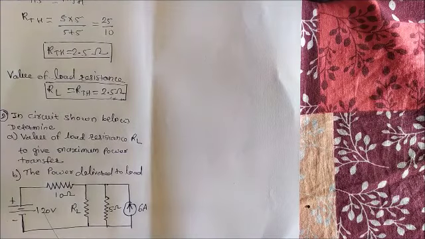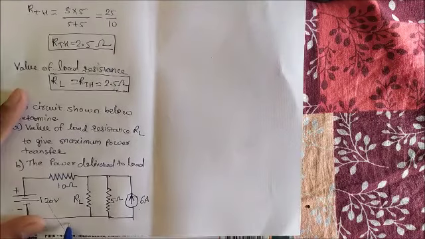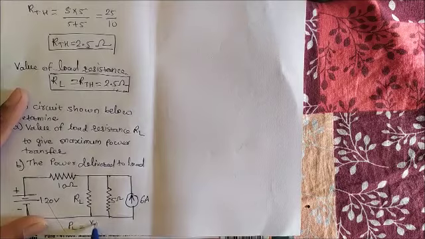Now how to calculate the maximum power delivered to the load and the value of load resistance RL when a voltage source and a current source are both in the circuit? To do that, we have to convert this 6 ampere current source into an equivalent voltage source, and only then can we calculate the value of this load resistance RL. Because, in maximum power transfer, if we look at the formula to calculate maximum power, you will understand that PL is equal to VOC square divided by 4RL.